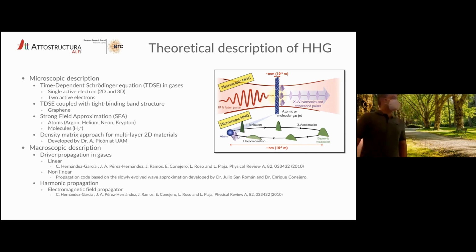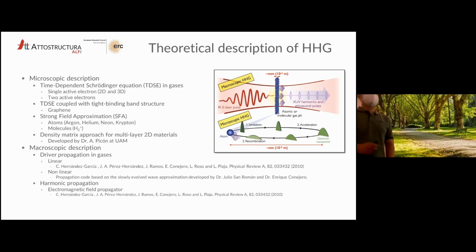But the emission is produced in individual atoms or molecules following this microscopic process. Initially, there is ionization, then an acceleration of the electronic wave packet, and finally a recombination that generates the harmonic.